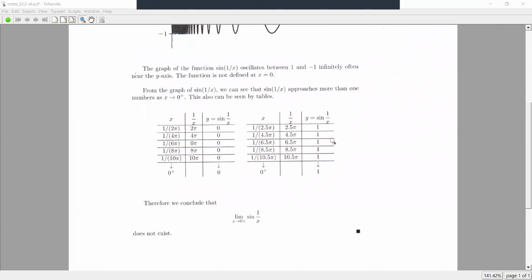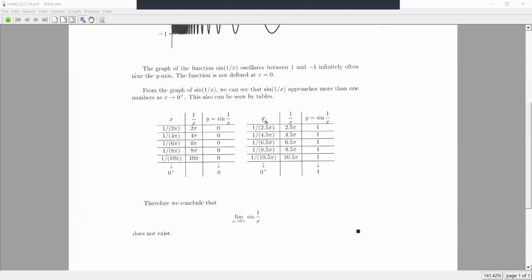Now in the second table, I let x approach 0 by taking on these points. Function values at these points all are 1. For example, when x is 1 over 2.5 times pi, 1 over x is 2.5 times pi, and sine of 2.5 times pi is 1 by calculator.